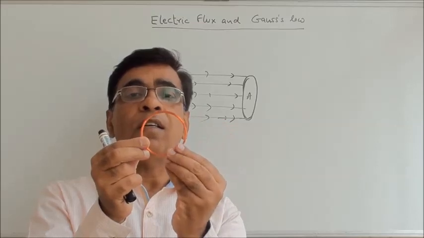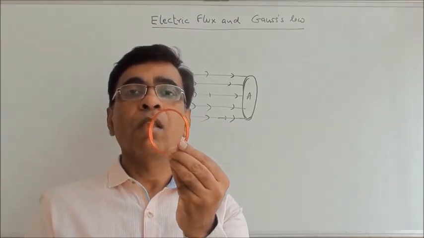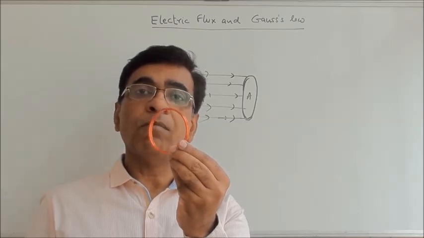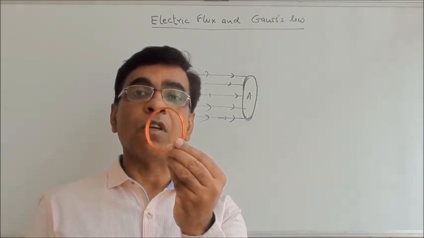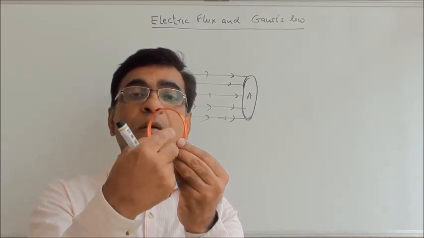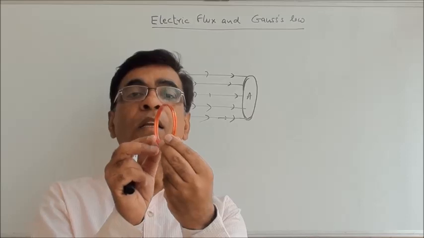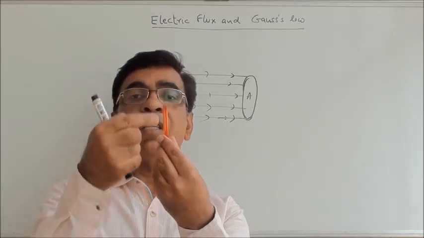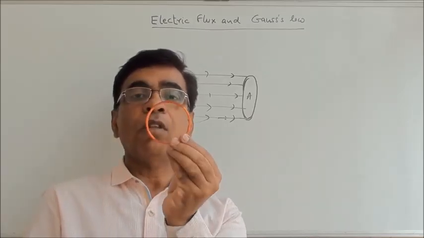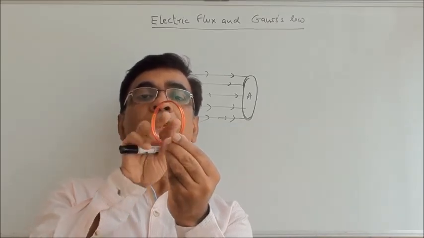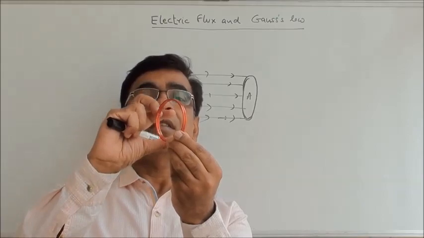Now if I tilt it, I make it like this. Will it increase, decrease, or remain the same? You see the area has reduced now for you. You just see the projection. Again the area has reduced, and now it is 0. You might be seeing just a straight line. This way the area is maximum, and this way we are calculating only the projection of the area through which the water is moving.